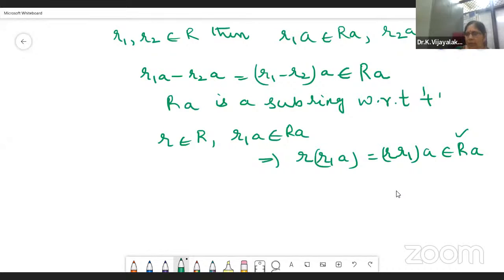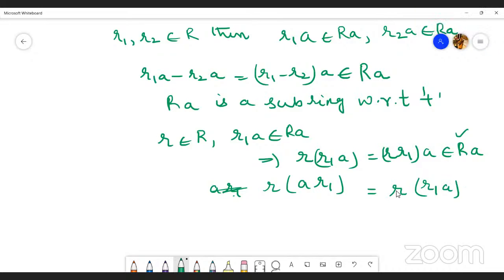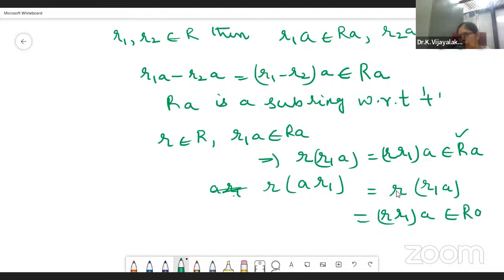If R is a commutative ring, then you can write ar1 as r1a, because the ring is commutative. So (rr1) into a belongs to Ra.